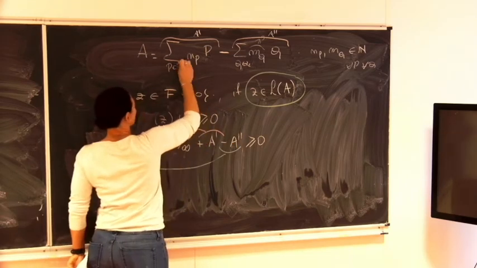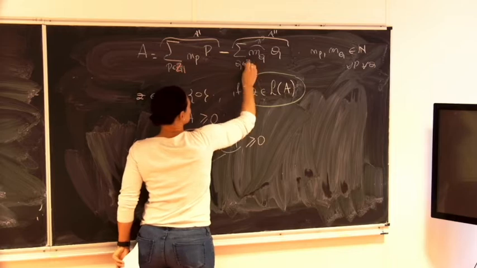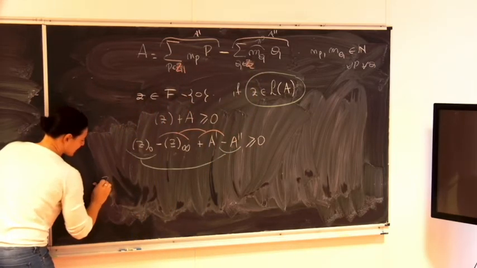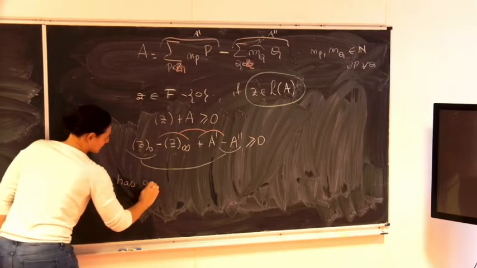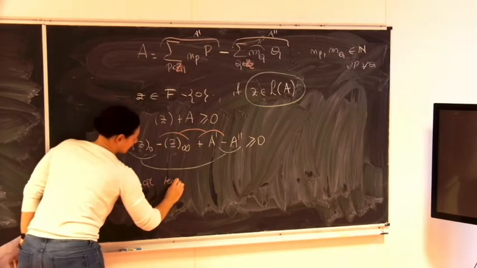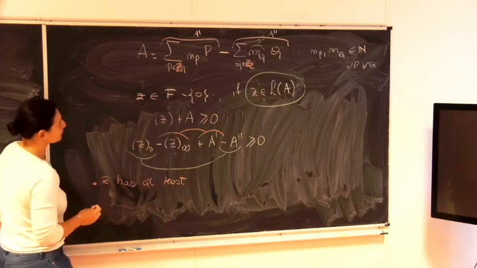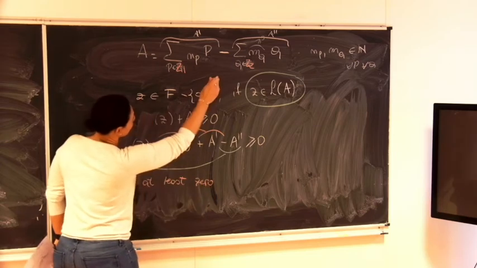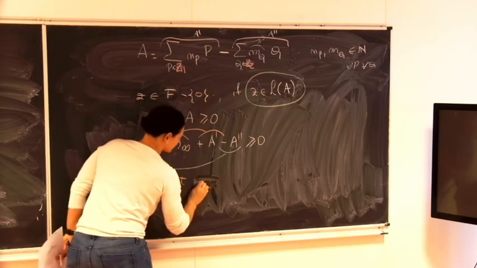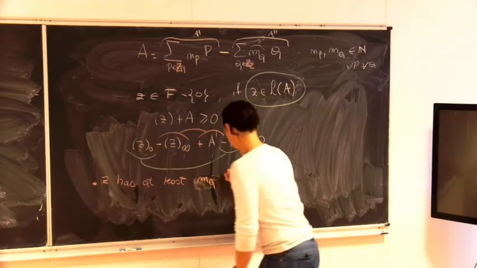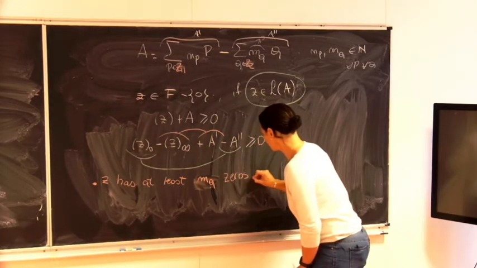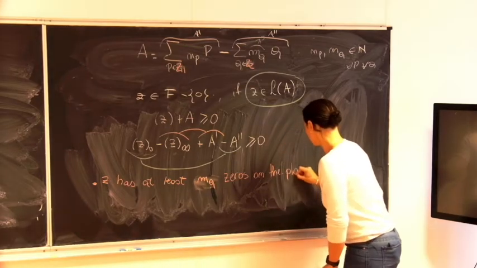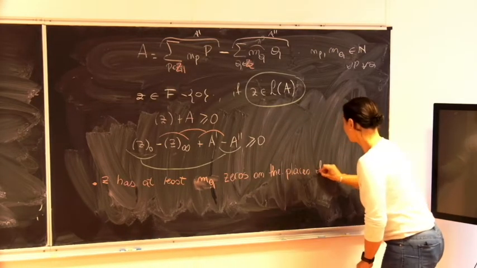If this is theta 1 and this is theta 2, then what I'm saying is that Z has at least M_Q zeros on the places of theta 2.